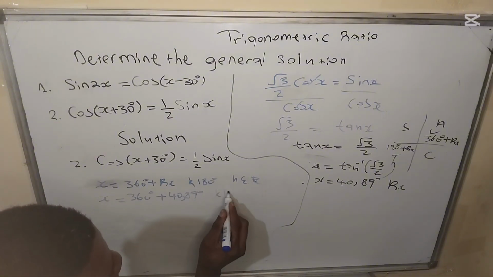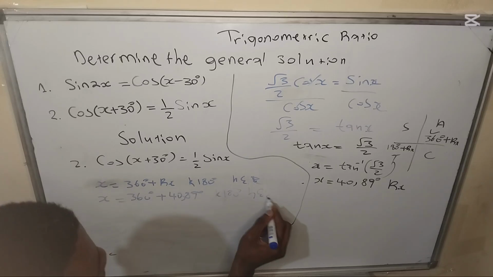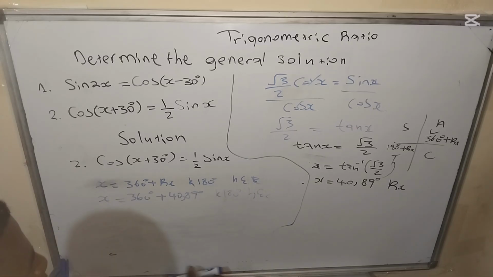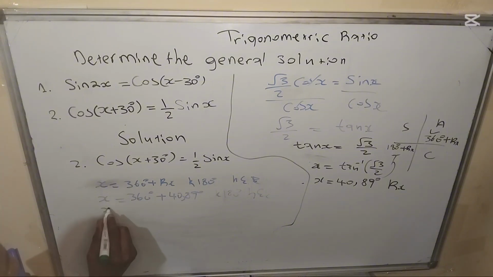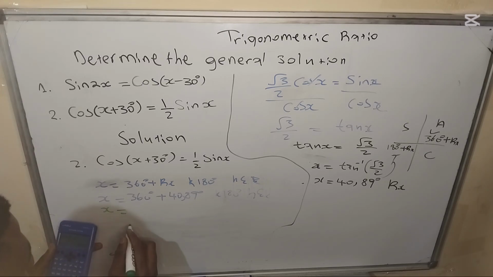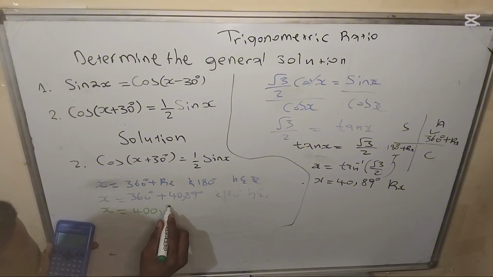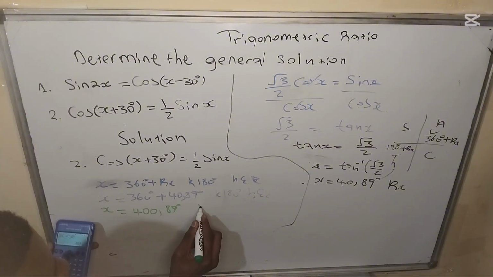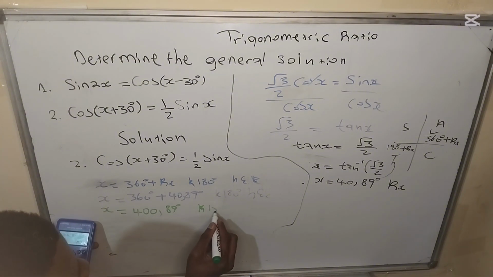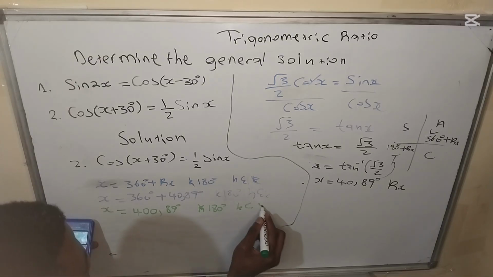Then our x is equal to 400,89 degrees plus k 180 degrees, k is an element of z.